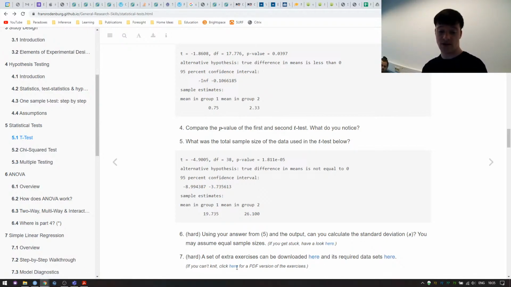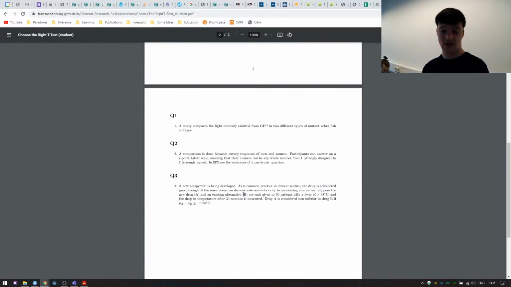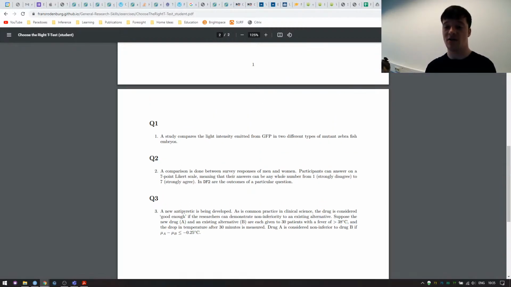We look at some more interesting examples, like for example in clinical science, it's common to do what is called a non-inferiority design, where you look, is my new medicine not worse than the existing medicine? If the answer is yes, it gets approval. You can do it with a t-test. So if you want some challenge, you can look at that.